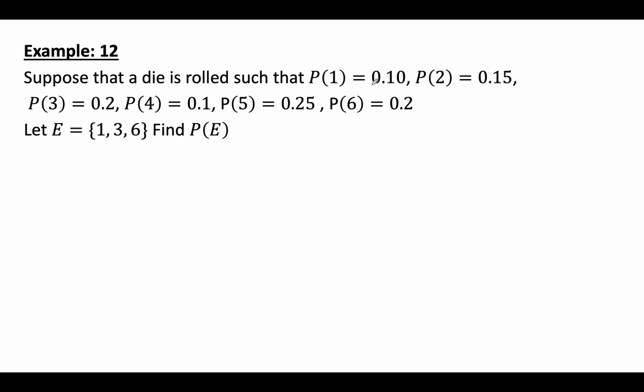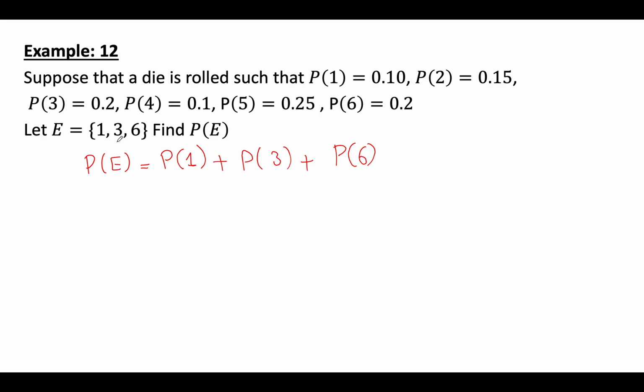A die is rolled, where the probability of getting 1 is equal to 0.10. The probability of getting 2 is equal to 0.15. Getting 3, 0.2. 4, 0.1. 5, 0.25. And 6, 0.2. If I have the event E equal to {1, 3, 6}, then I need to find the probability of E. So we say that the probability of E is equal to the probability of 1 plus the probability of 3 plus the probability of 6.